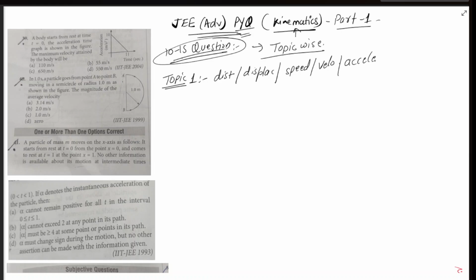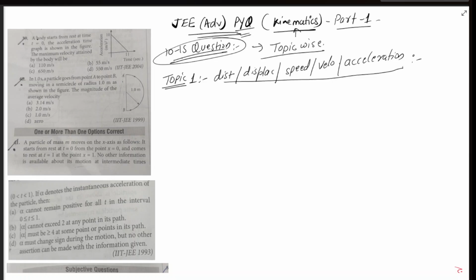So first we are going to see the questions based on these topics. Let's start the first question, which is the 39th question. These are all taken from the past year book.